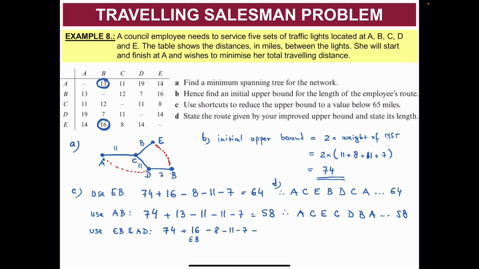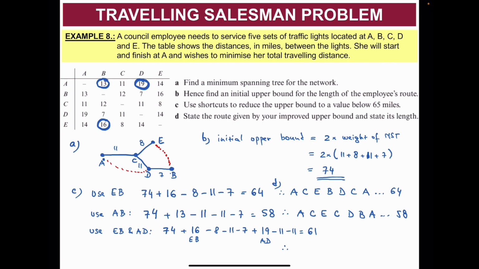But when I'm in D, I need to add AD, it's 19. So adding 19, but that will help me to save 11 and 11, right? Because I don't have to go from DC and CA. So when you do this one with AD, if I'm not mistaken, I have done it in my notebook.